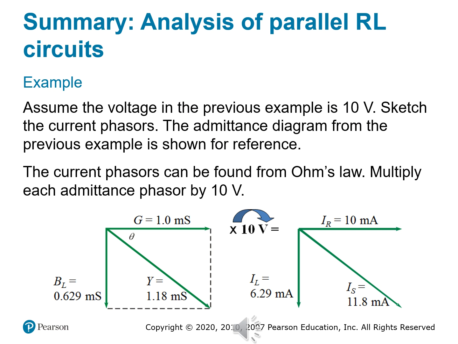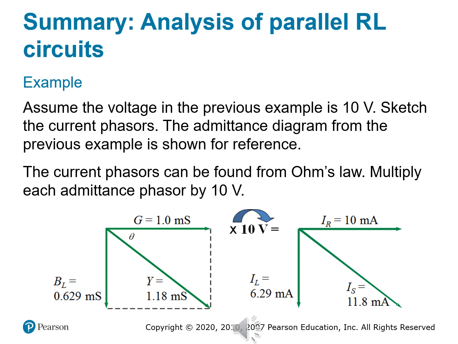So from the previous example, we had conductance G equal to 1.0 millisiemens. We had B sub L, which is equal to 0.629 millisiemens, and we had Y, which is equal to 1.18 millisiemens. Now, let's apply a 10-volt input to the parallel network. And let's do this step by step using Ohm's law for admittance. So remember, I is equal to V times Y.